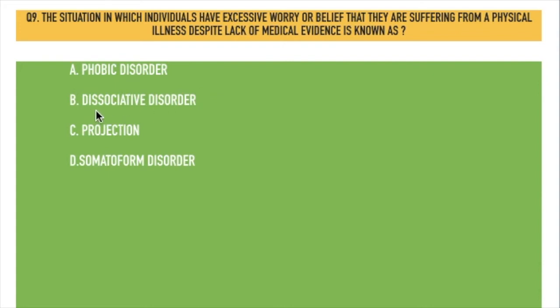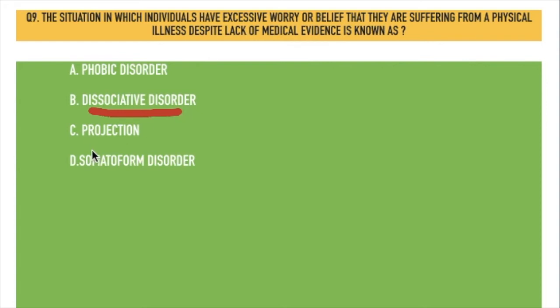And next is dissociative disorder. Dissociative disorder is a disconnect from thought, memory, or identity. The patient will have a disconnect from his thoughts, memories, identity, anything. One example is dissociative identity disorder, and dissociative fugue is another.